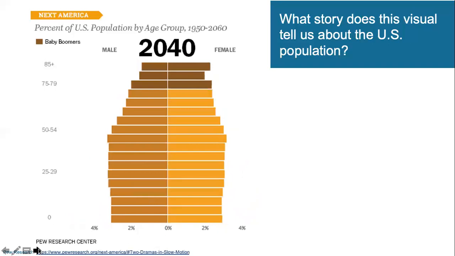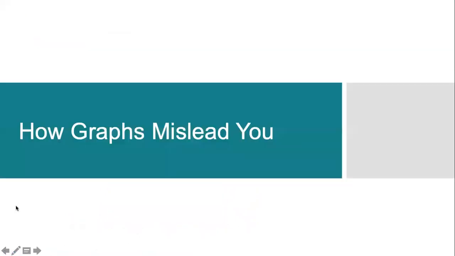So not seeing any right this second, let's continue to talking a little bit about how graphs can mislead us. Everything we've talked about thus far is how you can put together good visuals and craft a narrative within that visual. But all of those components can also be used to mislead your reader.